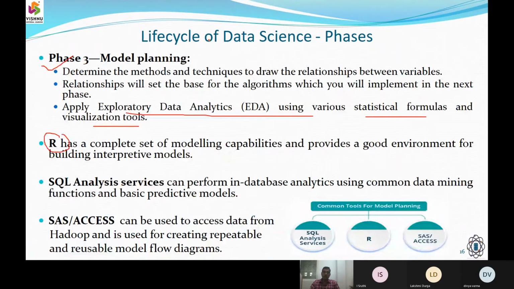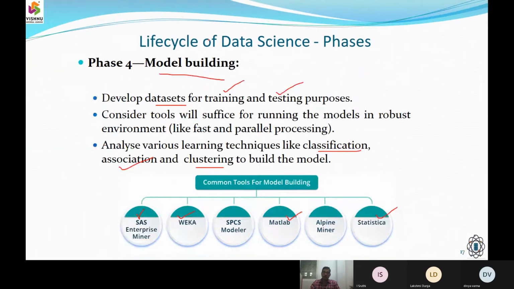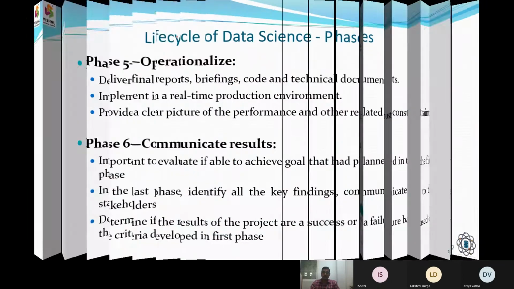Third, we understand the data with exploratory data analysis, statistical models, visualizations, etc. We call that model planning. The fourth was using the R language, SPSS, statistical tools, or Python, etc., to build the models, using various learning models with clustering, association, and classification.